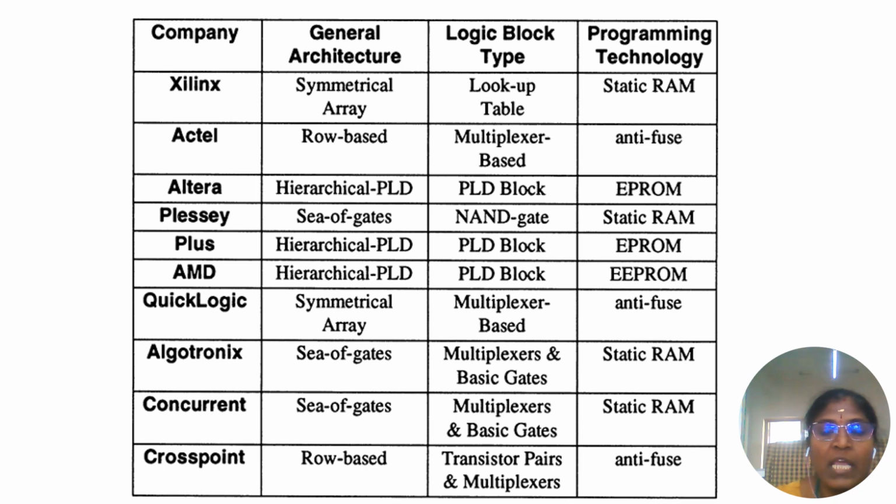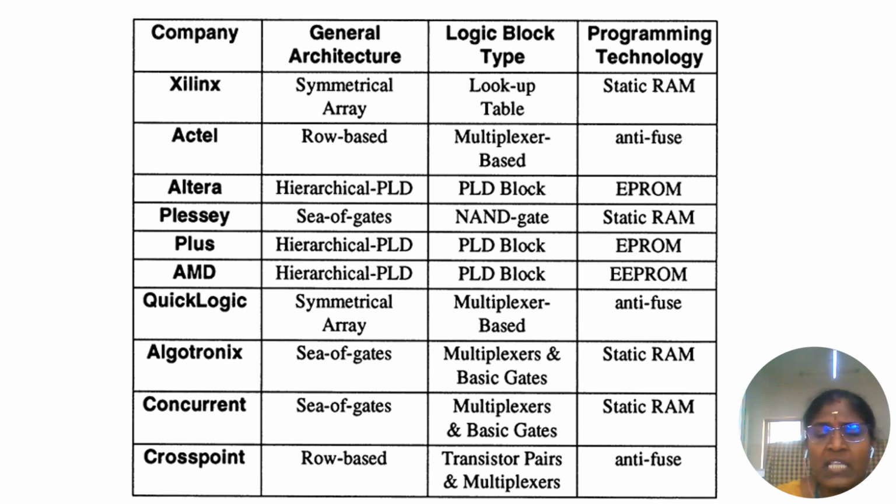Here they have specified which vendor used which architecture. The second column shows what type of logic block is used: lookup table, multiplexer based, programmable logic device based, and NAND gate based. So these are the four logic block types used in FPGAs.